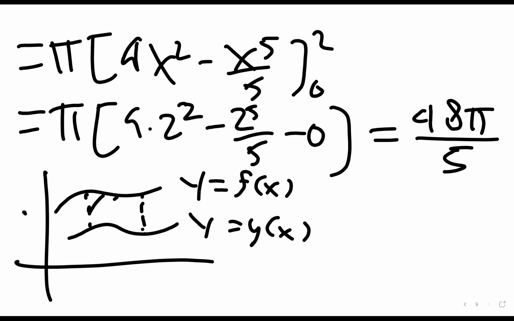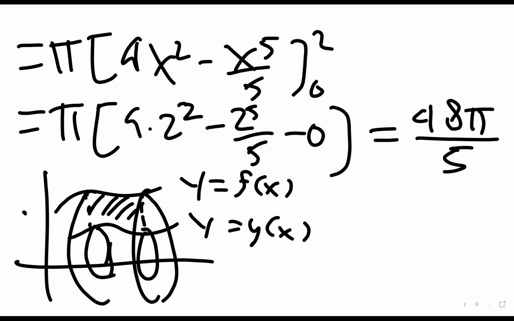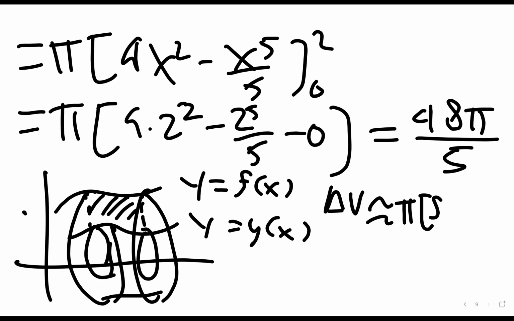Then if you want to revolve this about the x-axis, then you'll have an object whose volume is, so first let us write the delta V. Delta V is approximately pi times f of x squared minus g of x squared delta x.